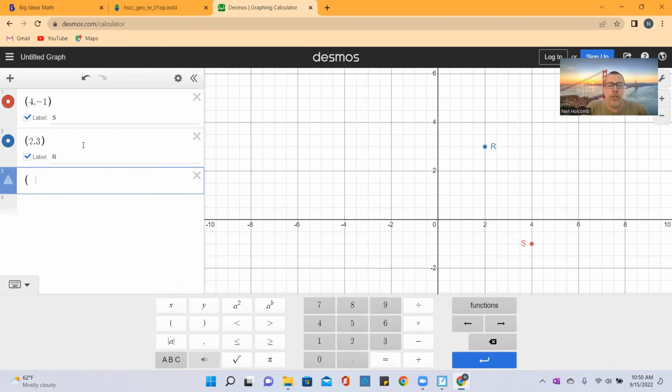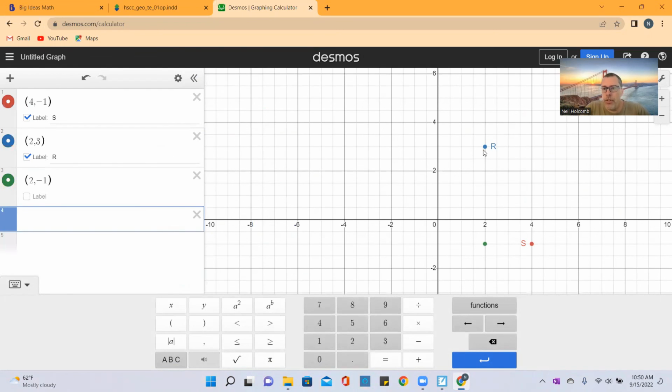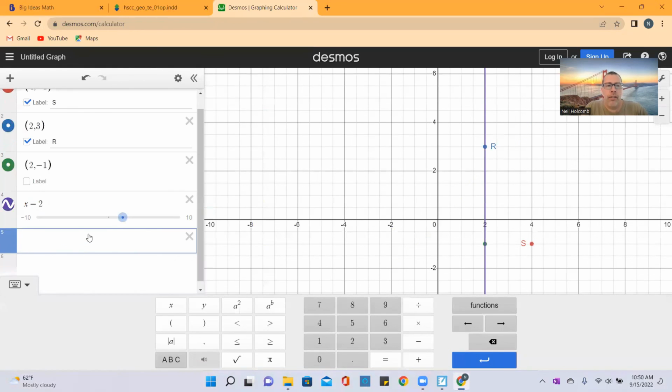So I'm going to plot the point 2, -1 and enter. Now, as you can see, I would have a right triangle here. To draw these lines, I could say x equals 2, enter.